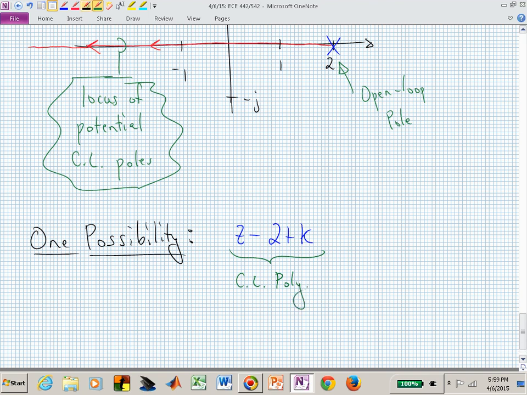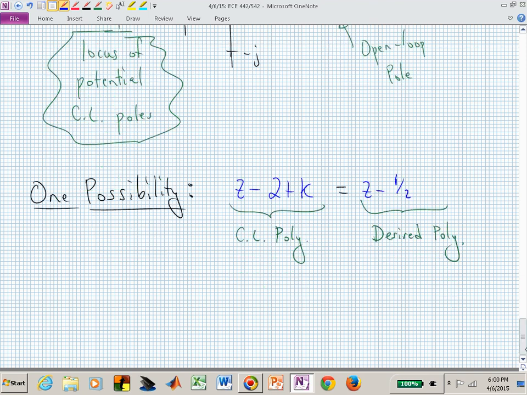We want to set that equal to some desired polynomial. And just for grins, let me say a desired polynomial is z minus 1/2.